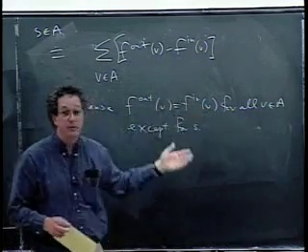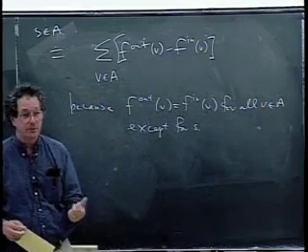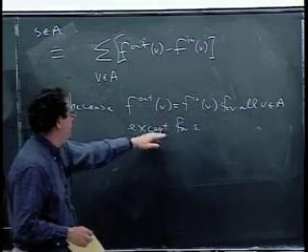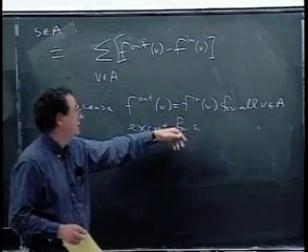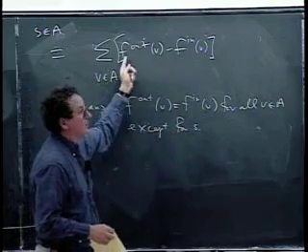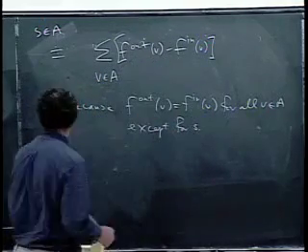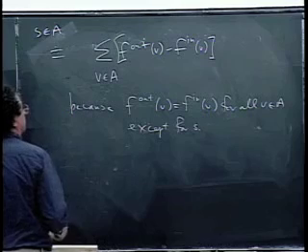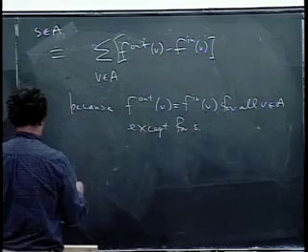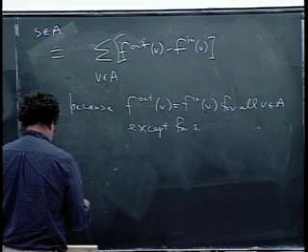That's for all nodes except for S and T. So in particular, that's for all nodes in A except for S, because T isn't in there anyway. So they all cancel out to 0 except for the flow out of S. So that's true. Now, why do we care?